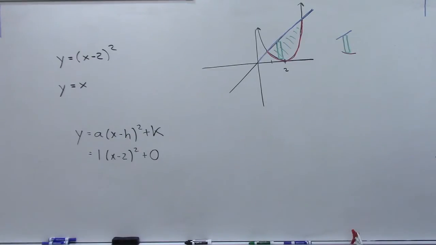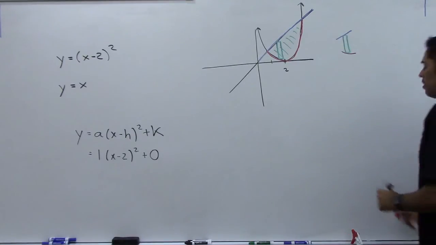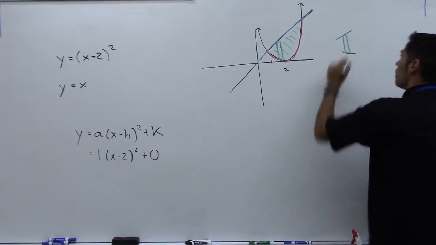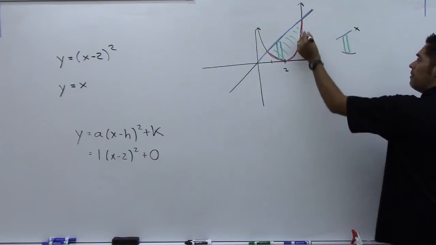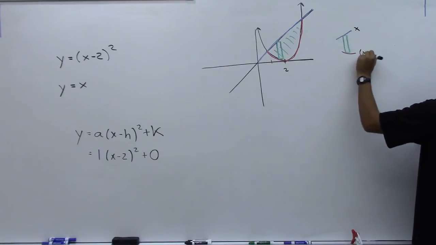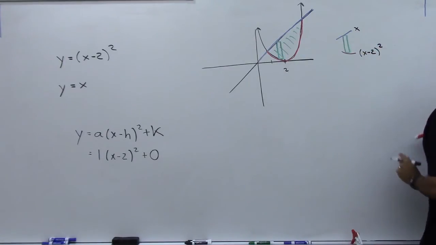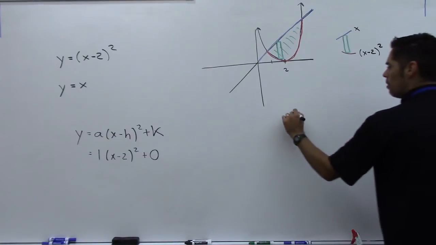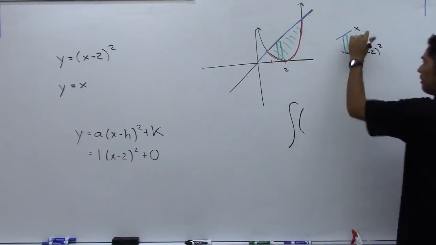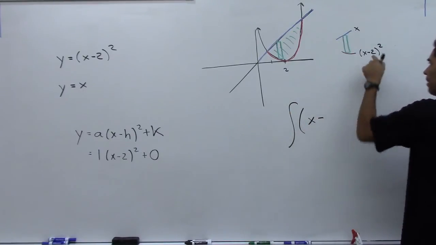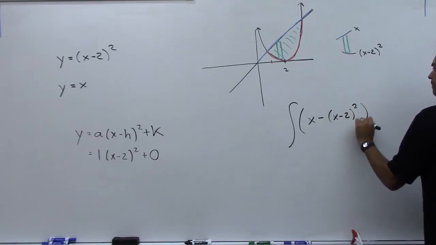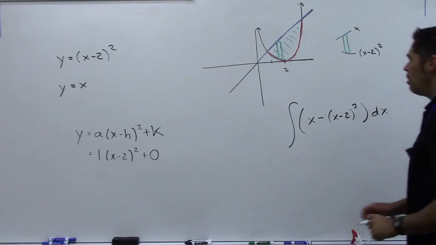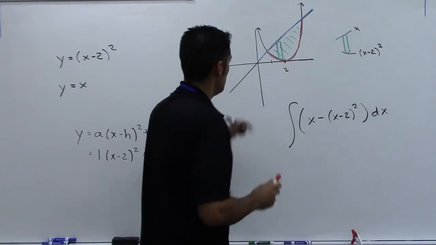It's always those two functions. So my top function is y equals x, so just x. The bottom function is the parabola, which is (x minus 2) squared. So in my integral, I'm going to have the top function x minus the bottom function (x minus 2) squared dx. I just need to now resolve where this region starts and stops.